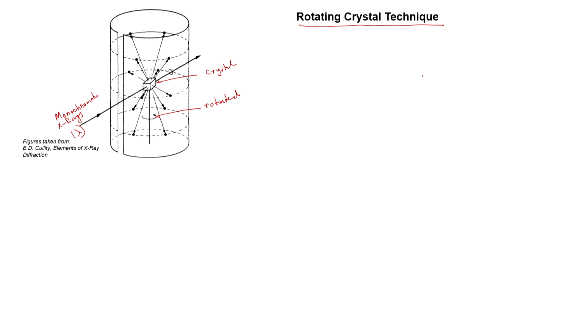So, let us say that I have a sphere of reflection. This is my incident beam, S naught upon lambda. This is the origin of the reciprocal lattice. So, let us say this is my reciprocal lattice.